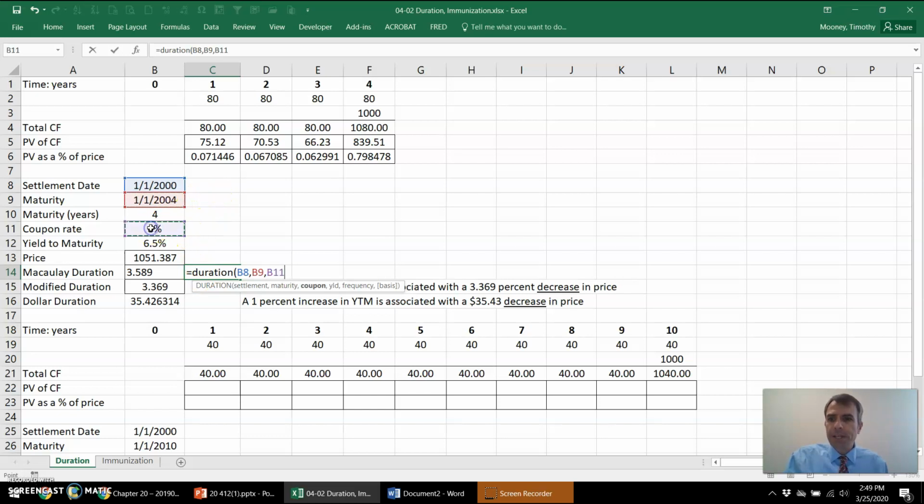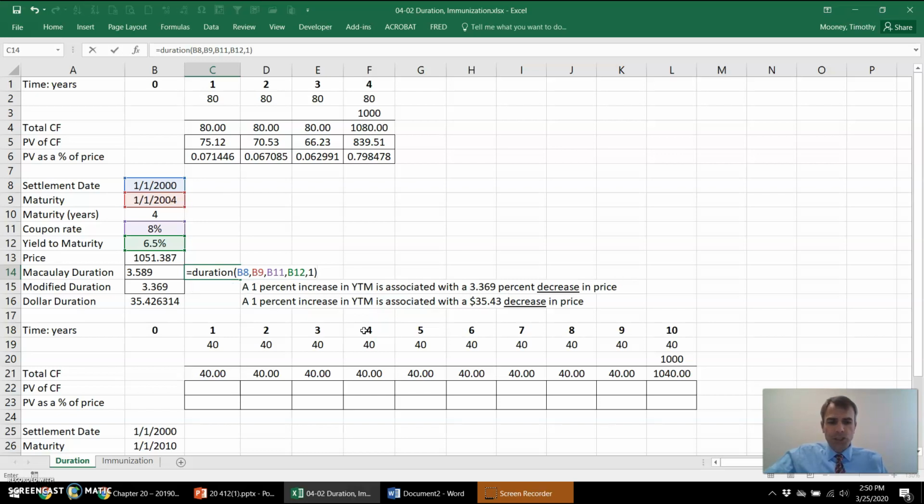The coupon rate is right here. Coupon is 8%. Yield to maturity is here. The frequency: annual, semi-annual, quarterly. This is an annual bond. You can do it with semi-annual bonds. The last argument is optional, but there are different day conventions for measuring how many days accrue interest between coupon payments. If you want to talk about that more offline, just let me know.